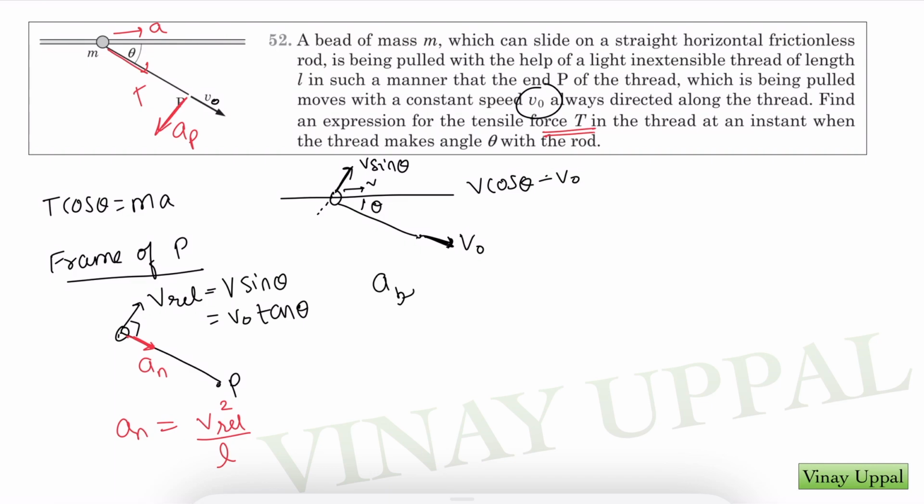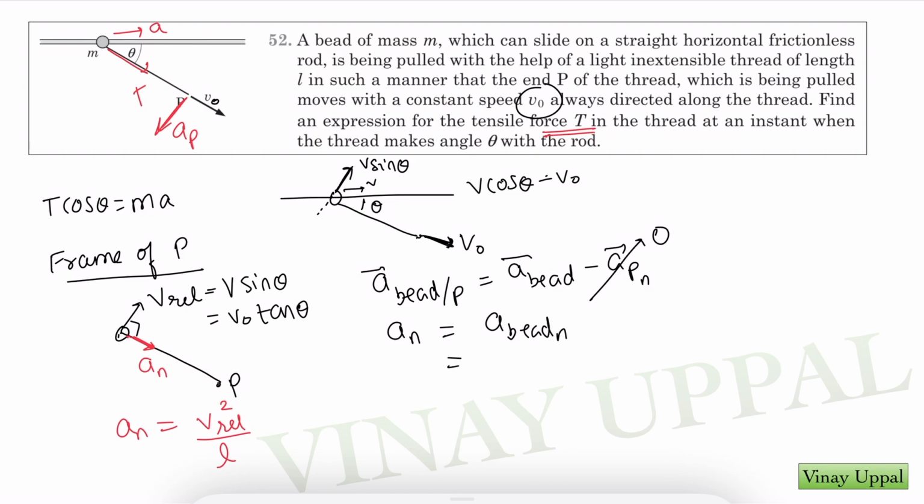In general, acceleration of bead with respect to P is equal to acceleration of bead minus acceleration of point P, but I only need the normal component. The normal component is 0 for point P. There is no component of acceleration of point P along the string. So the normal component of the bead with respect to P will simply be the normal component of the bead in the ground frame, which is nothing but A cos theta, the component of A along the string.